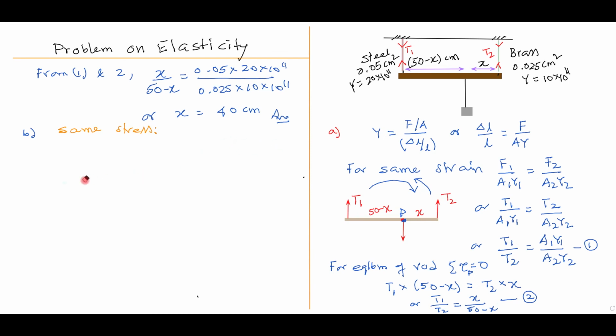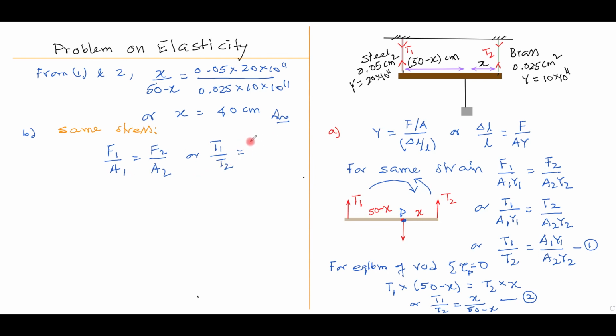The formula will not be required. Expression for stress, all of you know, F1 by A1 equal to F2 by A2. Okay, and F1 by F2, T1 by T2 equal to A1 by A2.